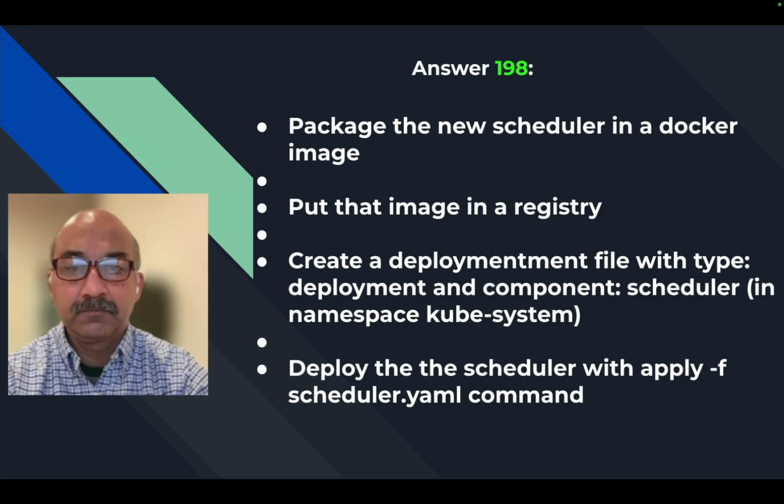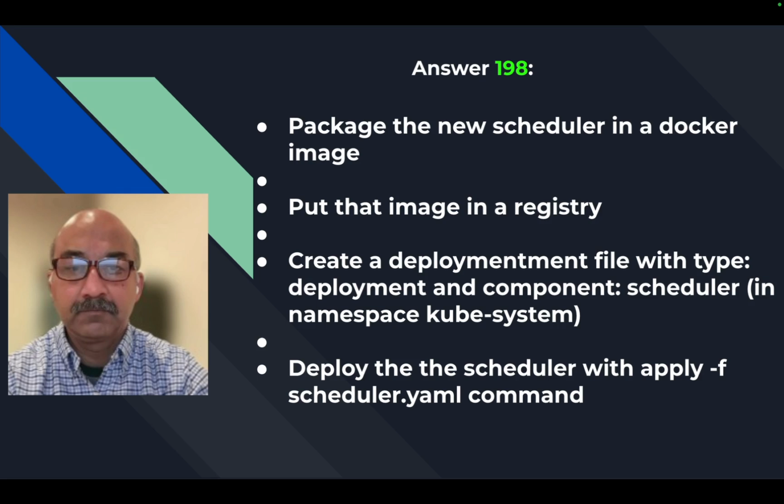Then it knows that this is what needs to be scheduled. Now, this is a default service kind of deployment, so it's going to go into the namespace called kube-system. It will not run in the namespace where you run your production workloads. It will become part of the Kubernetes cluster system. That's why it needs to run in the kube-system namespace.